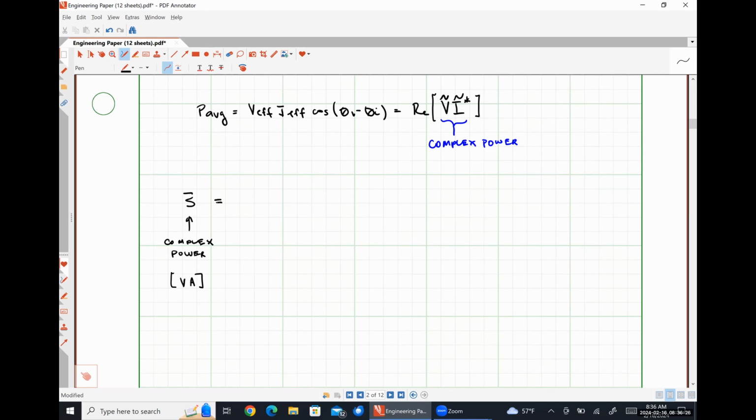So in order to calculate our complex power, we simply need the RMS phasor voltage drop across our element of interest, the RMS phasor current across our element of interest, and then we conjugate the current in that multiplication. Okay. Now, like I said, this is inherently a complex number, which means we can represent it in a rectangular form or a polar form.